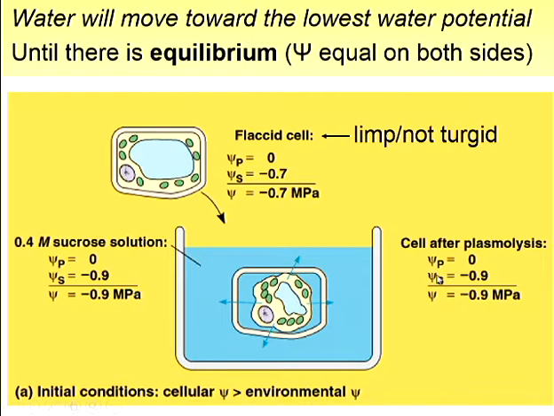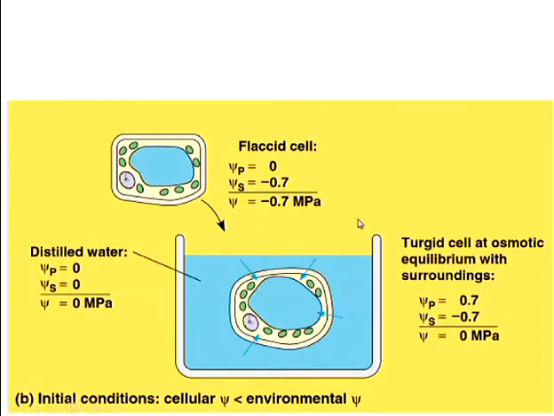And in that case, the solute concentration can actually change when the cell is totally going to shrivel up. But in more natural systems, you typically have that the pressure changes when water moves into cells. The pressure quickly builds up without significantly affecting the solute concentration in the cell. So the solute potential in the cell stays the same. Effectively, pressure builds up, and that makes it possible for the cell to reach the same water potential as the solution.